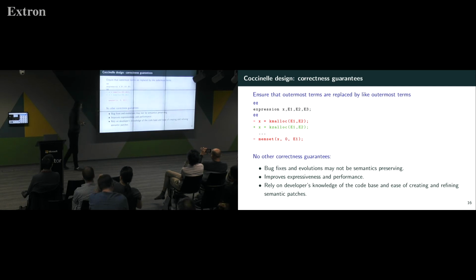Basically, we rely on your knowledge of your code base, and our goal is to let you express what you want to express in an easy way. You're supposed to be the expert in what, for example, kmalloc does. We're not going to figure that out for you. We just want to let you express this kind of change.